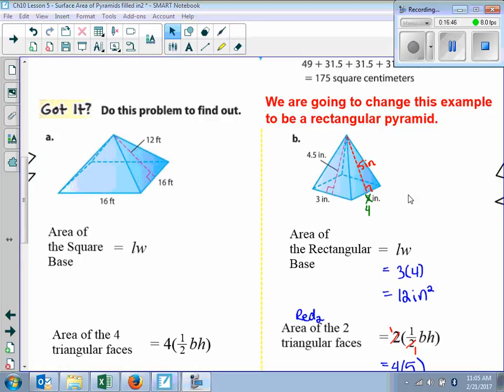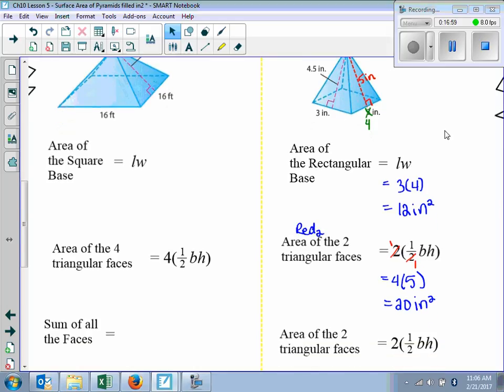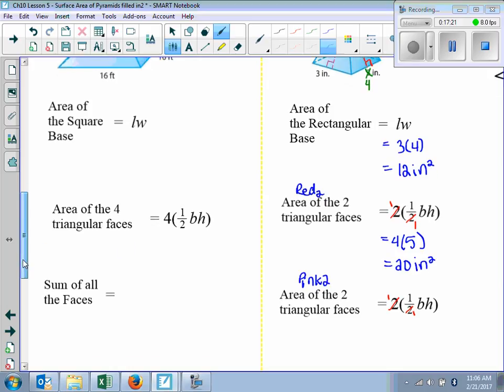Very good. So now we want to find the area of the two triangles that have the height of 4.5 and a base of 3. So we're going to substitute those in. And once again, before I even start this problem, I can simplify those 2's, right? We're going to call this pink, right? Pink 2. The two triangles with the pink height.